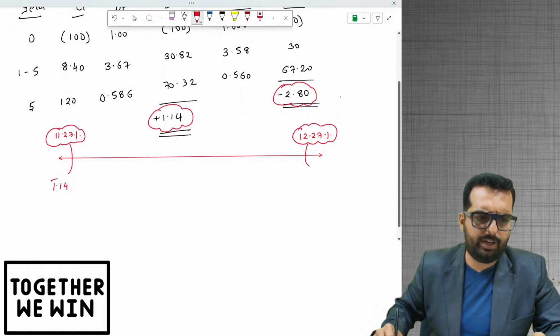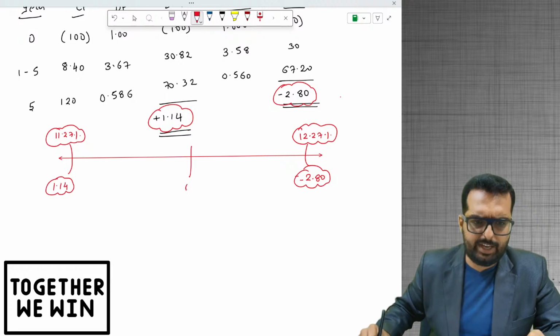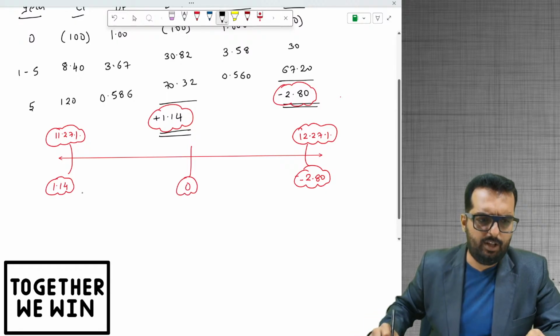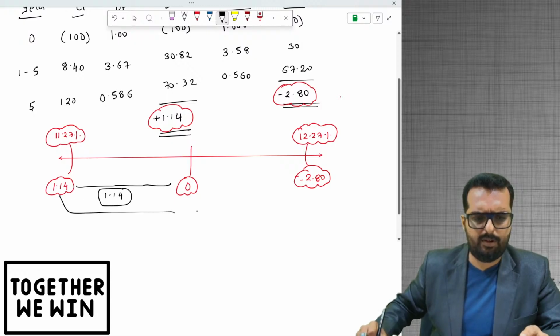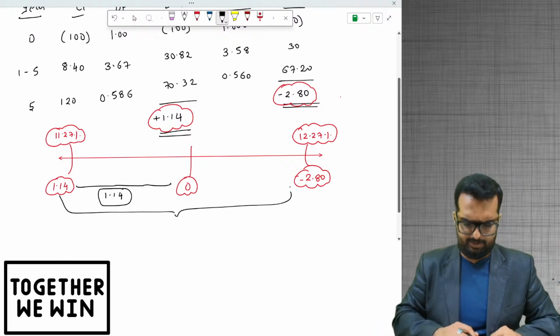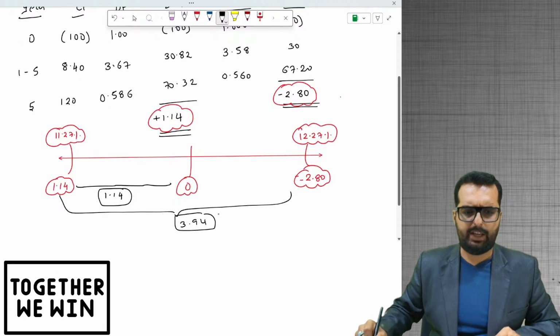Here you have 1.14, minus 2.8. Here I need an NPV of 0, correct? So to get 0, my gap over here is 1.14. But from here to here, I have a total gap of 3.94, correct?